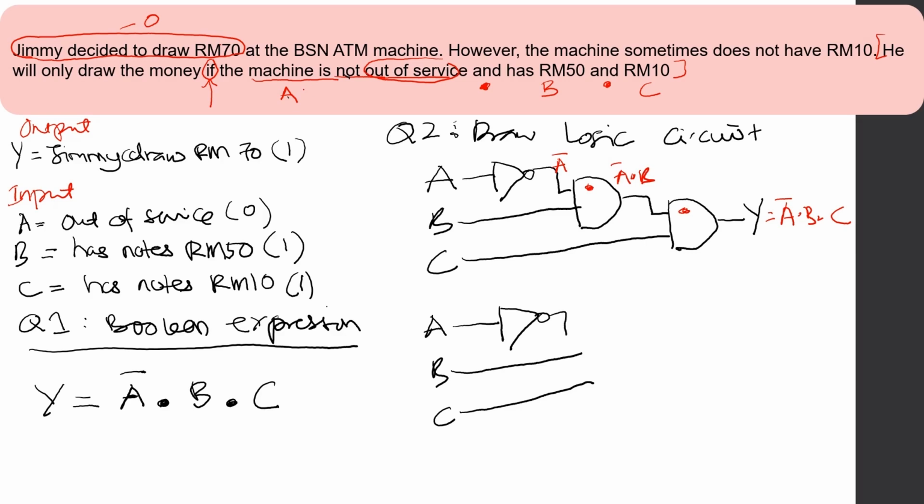So we have the first input A not, second input B, third input C, combined with 1 AND gate, I get Y.